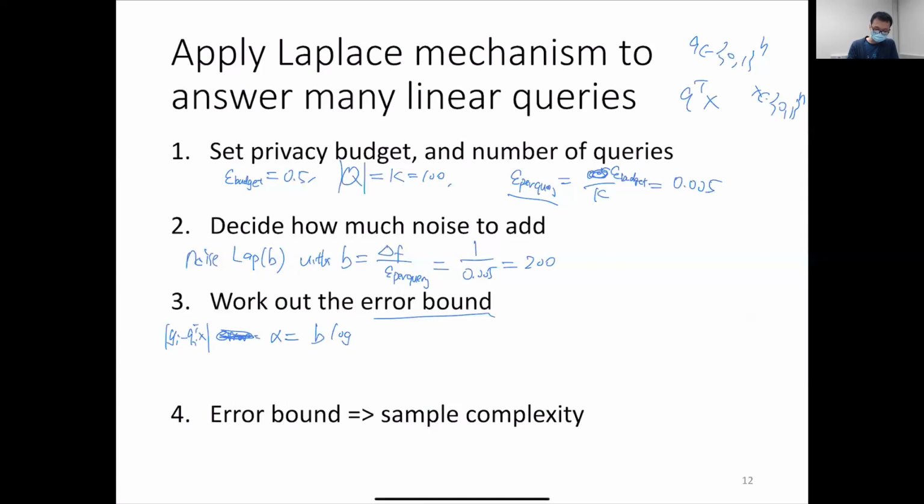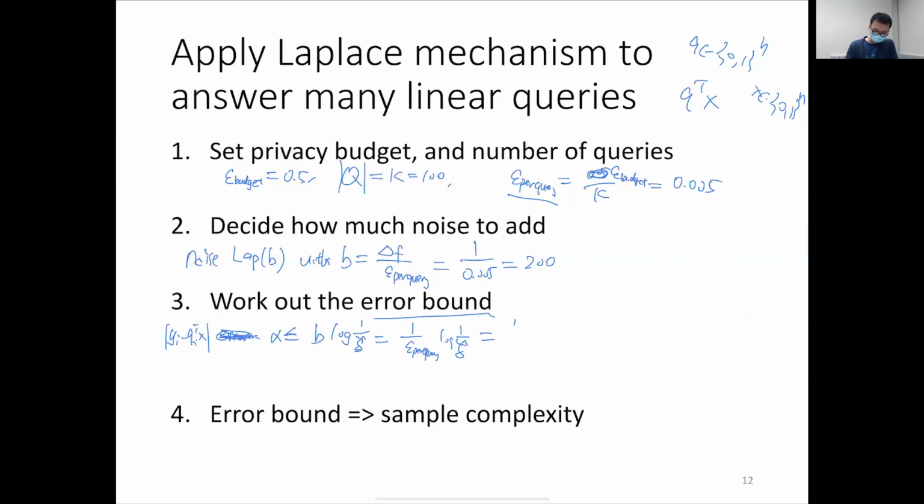This is smaller than b log 1 over delta theta, and this is 1 over epsilon per query log 1 over delta theta.